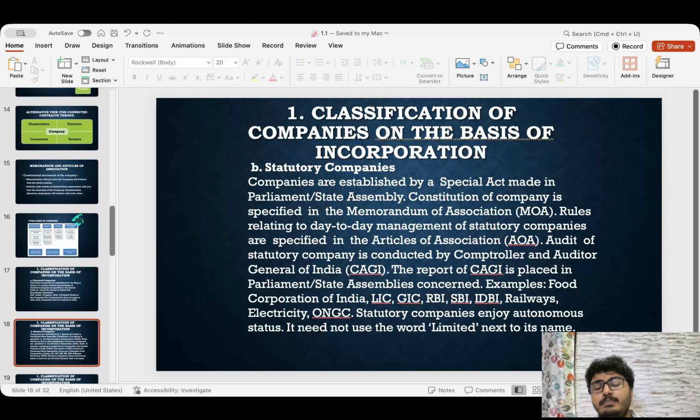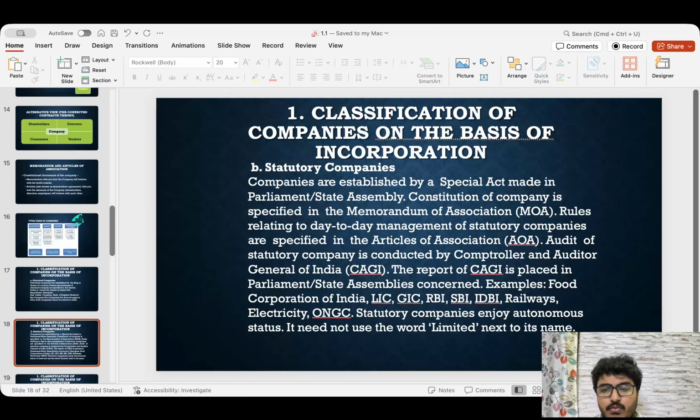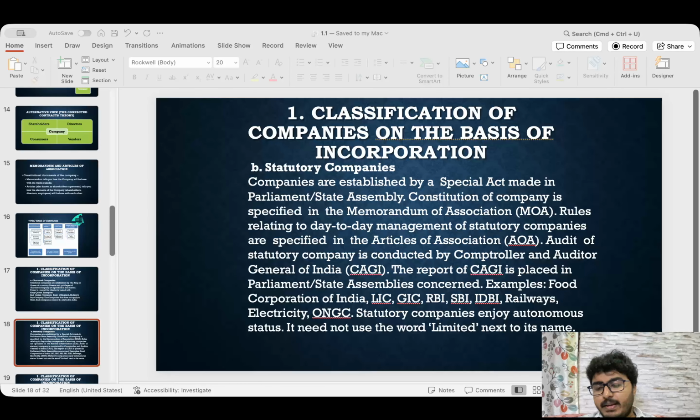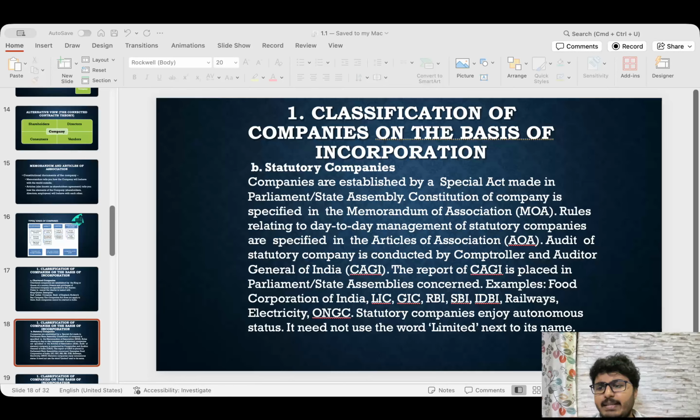Next, come to the statutory company. What is a statutory company? These companies are established through a special act passed by the parliament or a state legislature. Their constitution is governed by the memorandum and the articles of association, while their audit is conducted by the Comptroller and Auditor General of India.